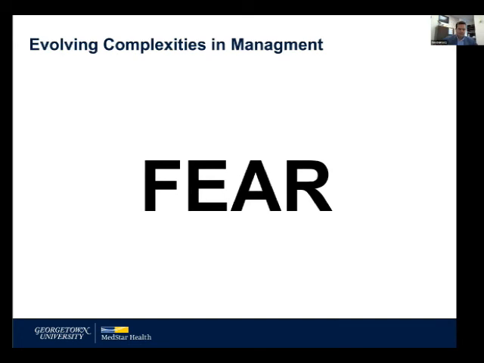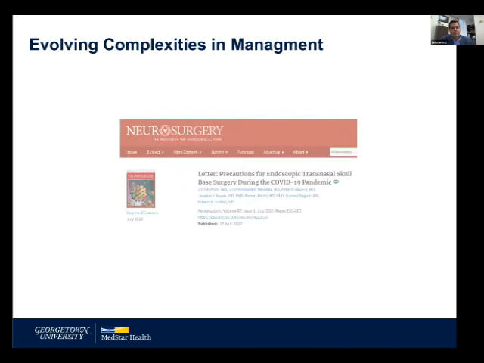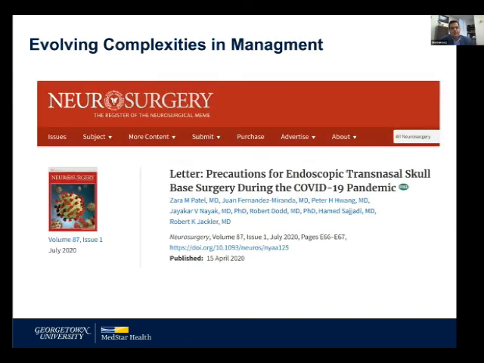How we managed this: obviously, we didn't know how to manage this early on. One of the big things from our standpoint, this is a letter in the Journal of Neurosurgery, but it was based on an email that went around widely to the skull-base surgery groups and ultimately to ENT, and really became a guiding concern for us.